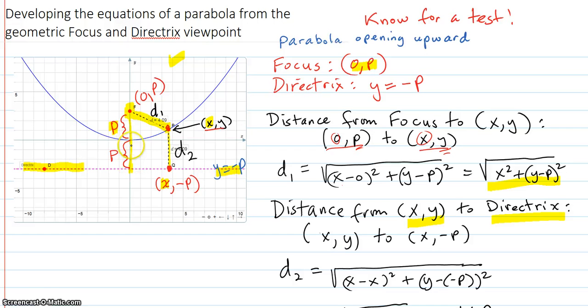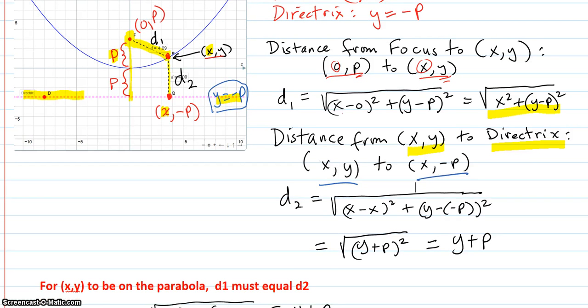The distance p is below the x-axis, so it's y equals negative p. Okay, so those are the two points, (x, negative p) and xy, and we're going to find the distance d2.